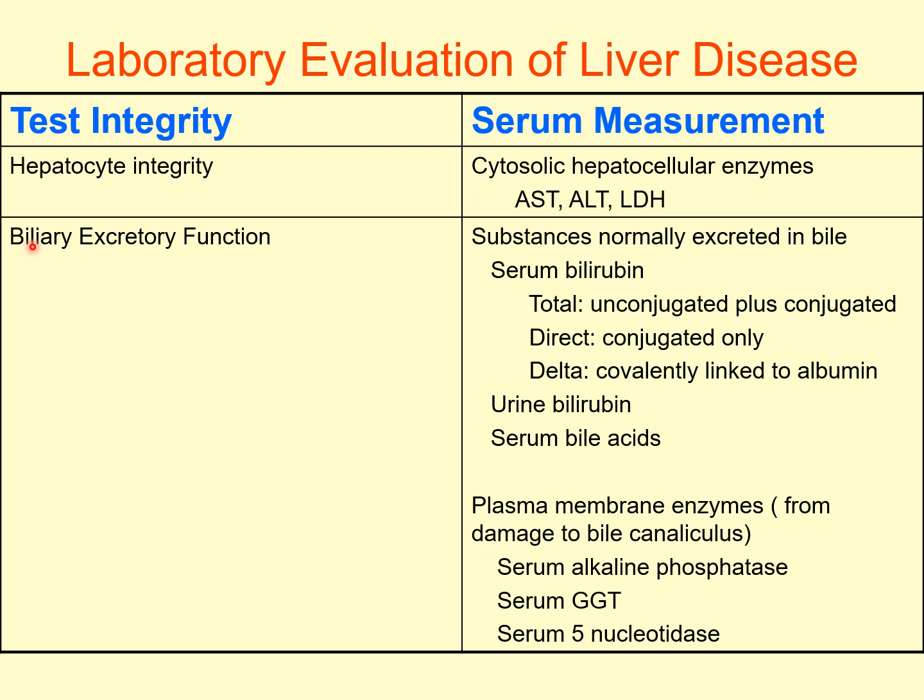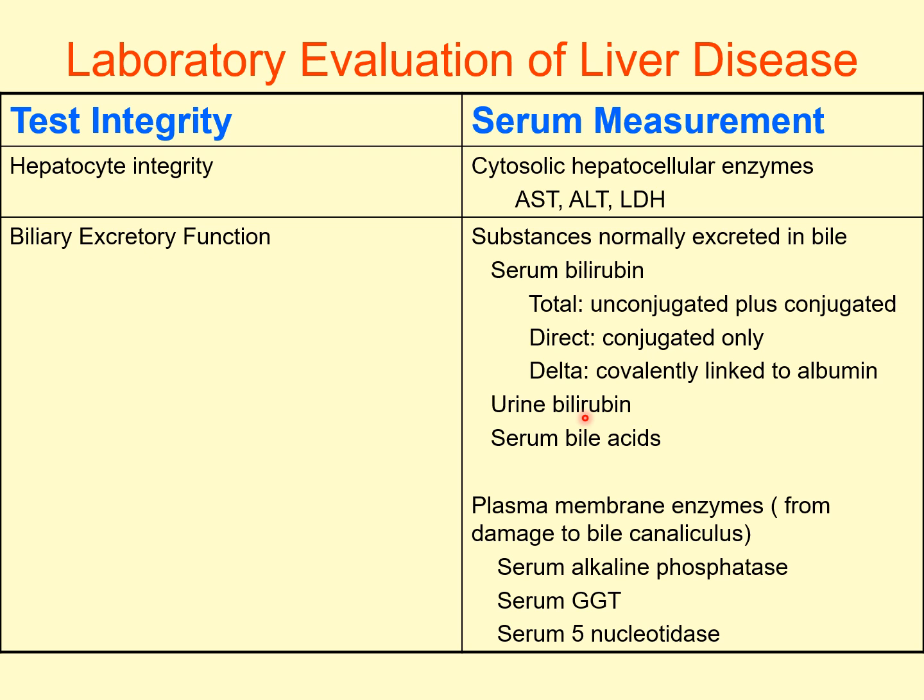So for the excretory functions of the liver, we will perform serum bilirubin. It is in two forms, total and within the total, conjugated and unconjugated both are there. So we measure the conjugated and the total. Then when we deduct the direct from the total, we can know the indirect one.